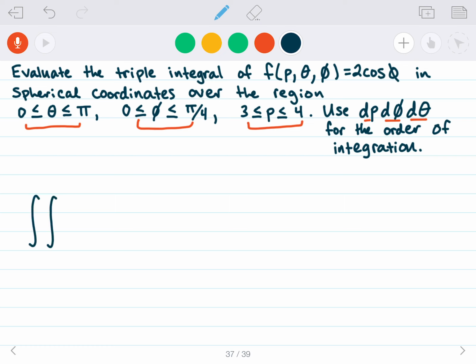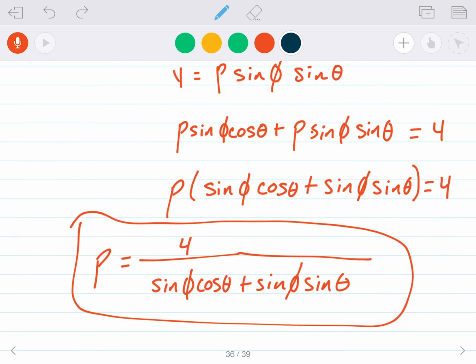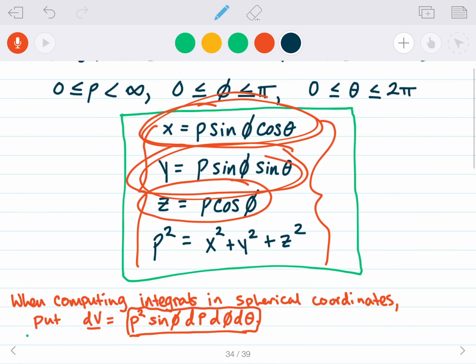Okay, so just based on our order of integration, theta is the outermost integral, so we're going from 0 to pi. Our middle is phi, so that's 0 to pi over 4, and our rho is going from 3 to 4. Alright, and we're integrating 2 cosine phi, and what we're going to tack on, just like with polar coordinates, remember this is where I'm getting this, is right here.